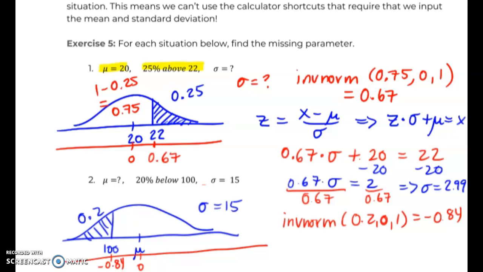Again, we're going to use that second formula, which was that x is equal to z times sigma plus the mean. The x value in our example is 100. Our z-score we calculated was negative 0.84. Sigma was given in this question, and all we are trying to find is our mean.